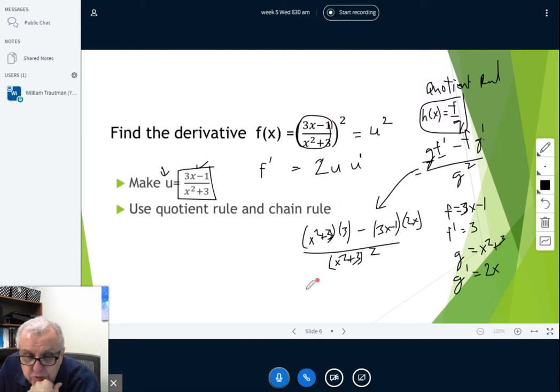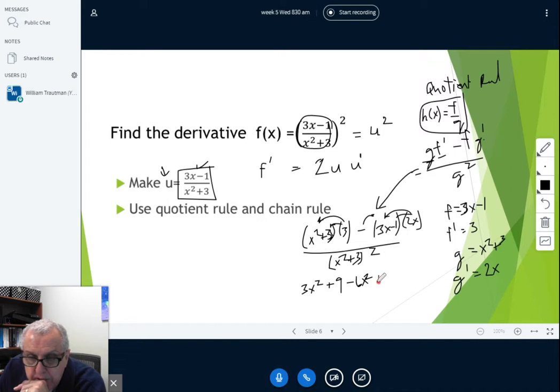So if I try to simplify this a little bit, Lord help us, when I run out of room, I freak out. I get 3x squared plus 9. That's x squared plus 3 times 3, right? Yeah. 3x squared plus 9. And then I distribute this negative 2x. I get 6x minus 6x squared plus 2x on top.